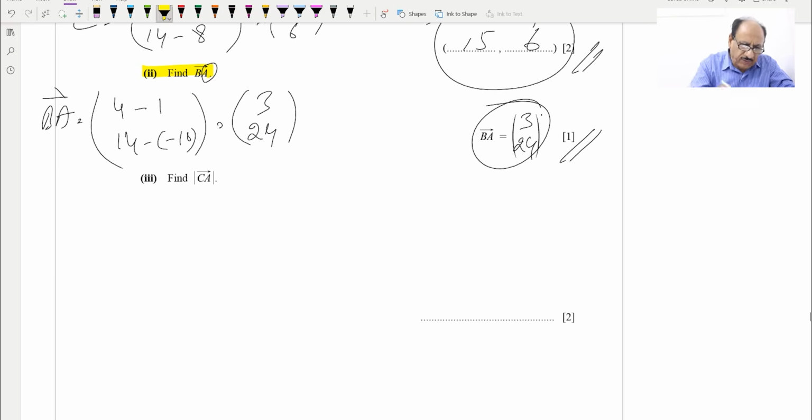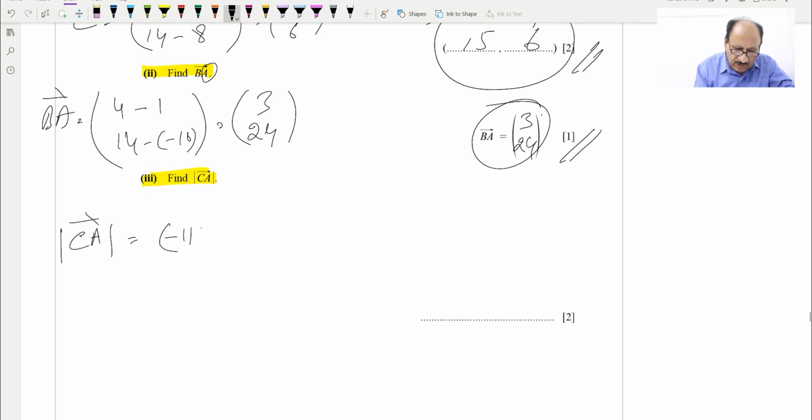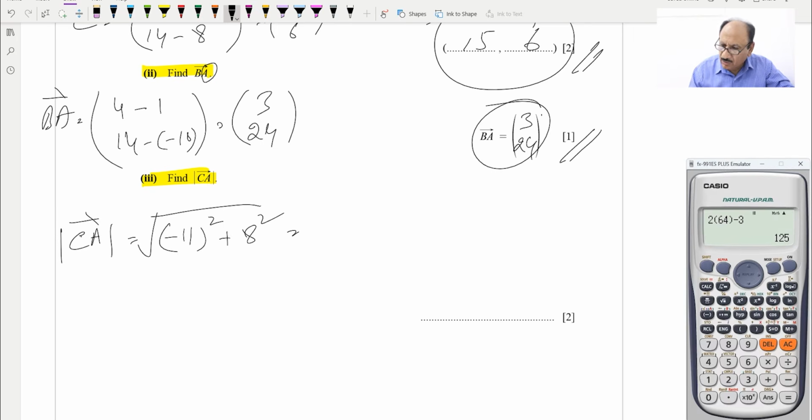Then they are saying find the CA mod. Mod is required, so CA mod will be, x coordinate. CA we will take, and we will be taking mod of that one, which will be minus 11. CA we already have, which is this one, so x coordinate is minus 11, so minus 11 square plus 8 square under root. This is how we are calculating the mod.